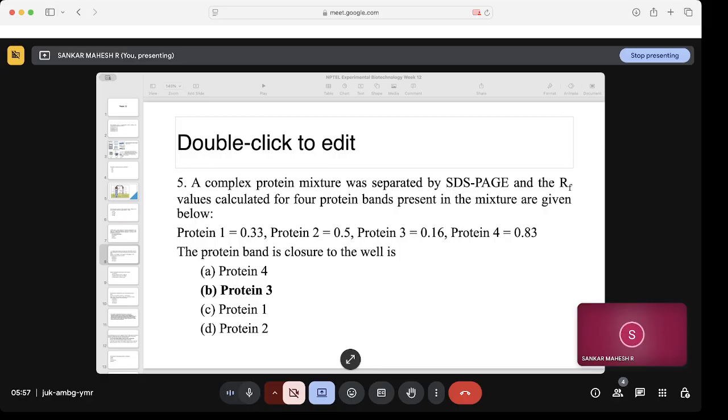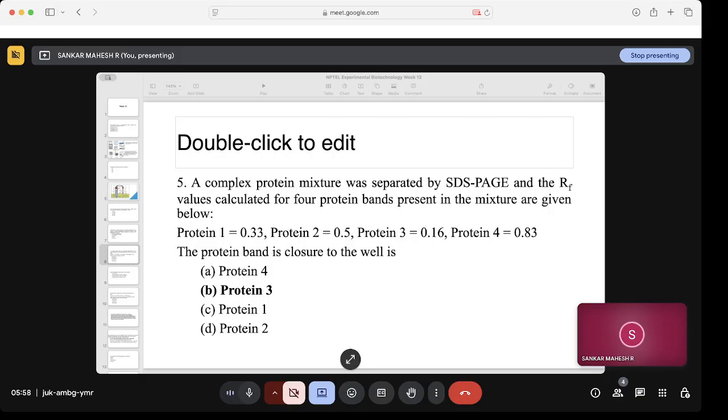Here the solvent would be. Okay, good. So in a case where we have SDS-PAGE, what will be the appropriate solvent? Sir, we use many things, like different types of buffer, stacking, resolving gel.